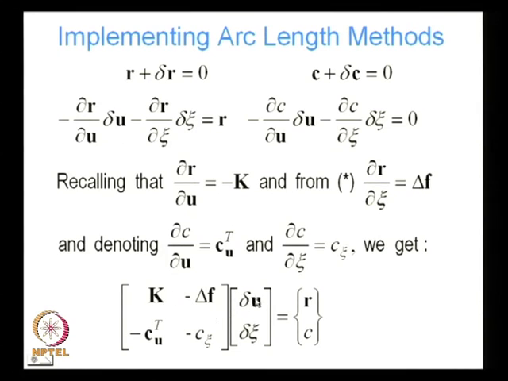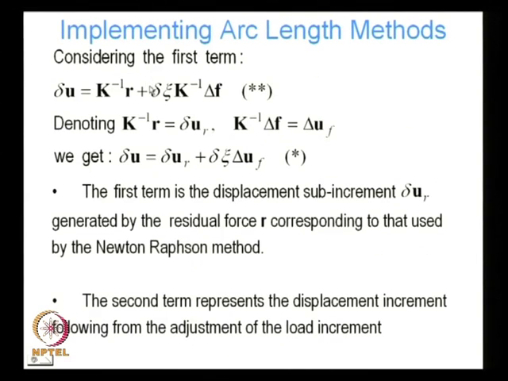This is the typical condensation type operation. Then I denote k inverse r as delta ur and k inverse delta f as delta uf, and then I get delta u is equal to delta ur plus delta xi delta uf.